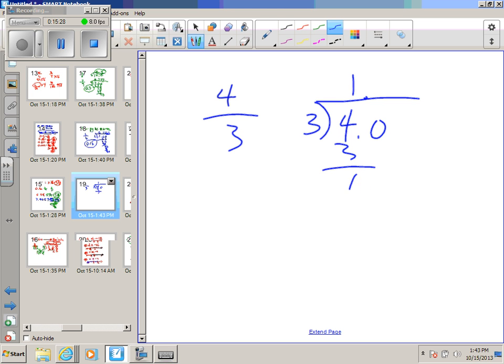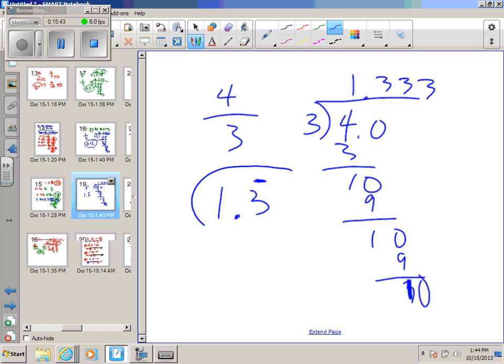You're supposed to. Then 3 into 10. 1.3, the bar just over the 3. Okay. Any questions? We good?